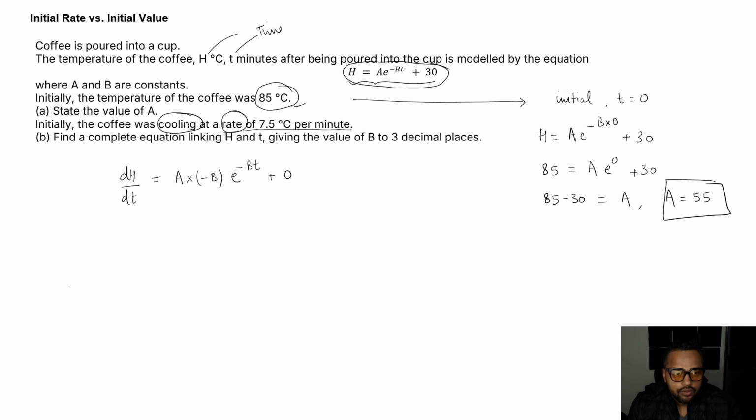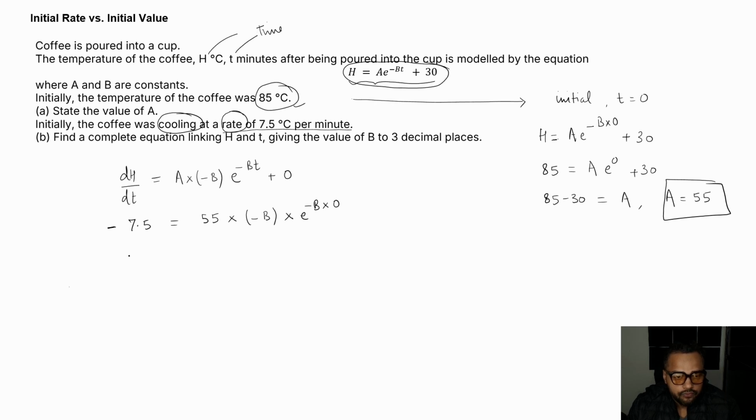Now in the question they have told that it was cooling at the rate of 7.5 degrees Celsius per minute. So cooling means the temperature was decreasing. So we'll take negative 7.5 as the rate of cooling. A we have calculated, student, that was 55 cross negative B cross e raised to the power negative B. Since the case was initial, we'll take T as 0 here.